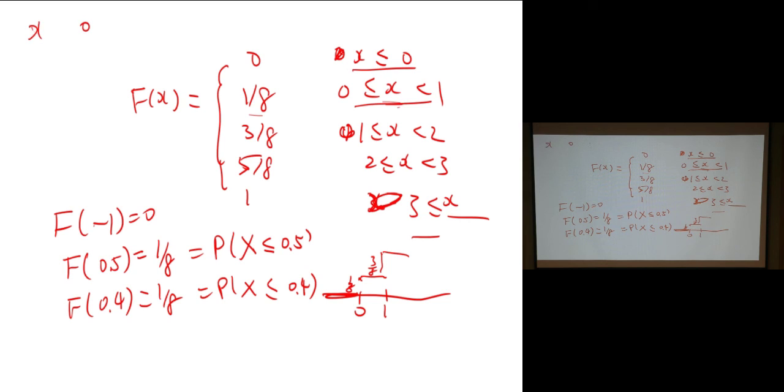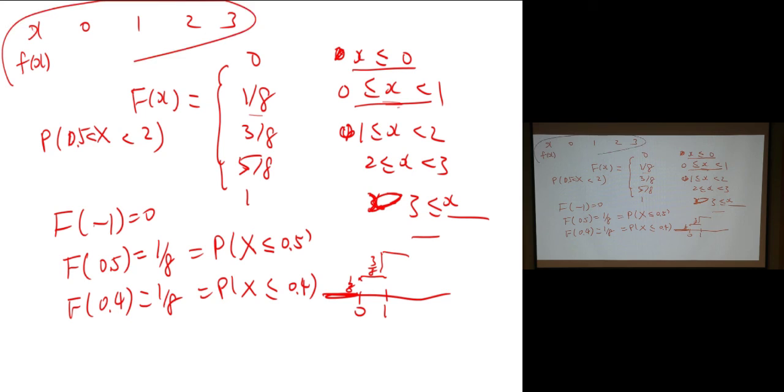X takes the values 0, 1, 2, 3, and then work out the corresponding f of x. And then answer the question, what is the probability of X, let's say, between 2 and 0.5, for example? Ask this question. You go back to look at this, but in fact, you can answer the question from here. So this one means F, is this correct?